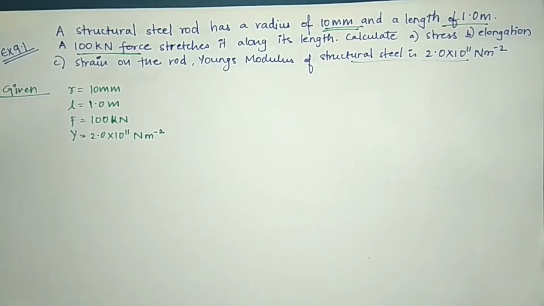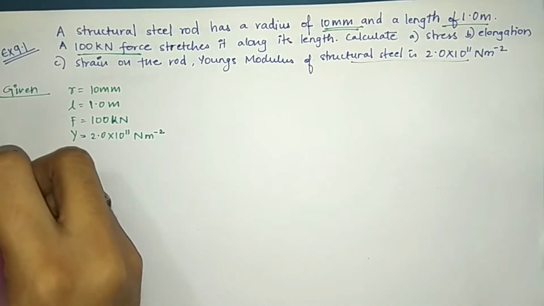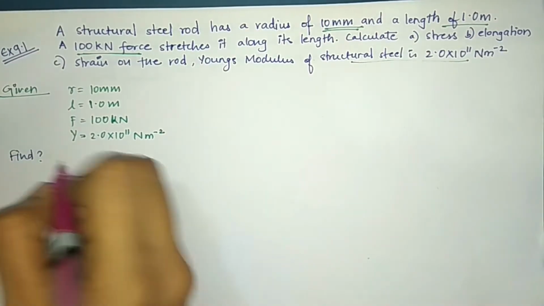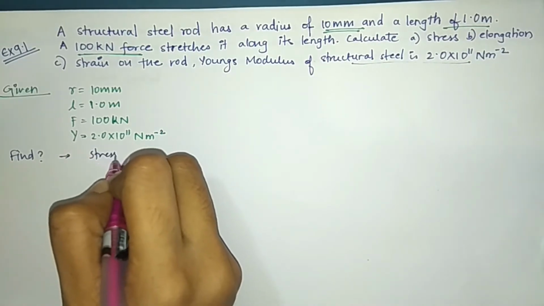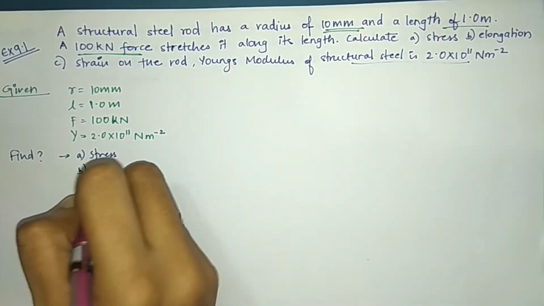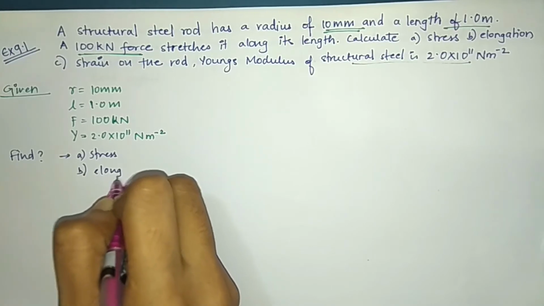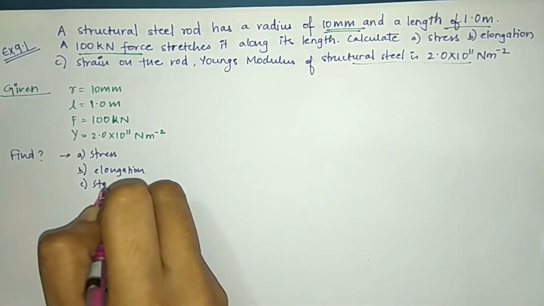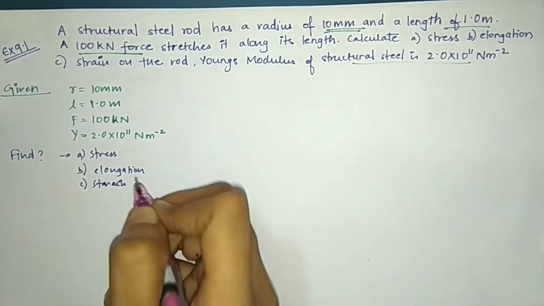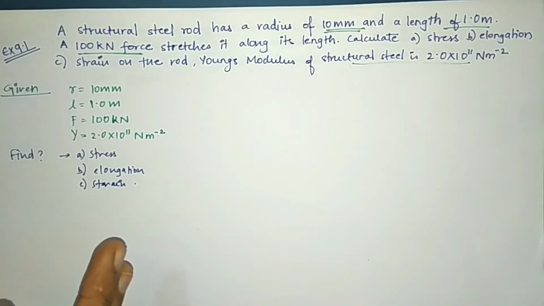Now, what we have to find through this problem: first is stress, B part is elongation, and C is strain. You will get a clear idea of how to proceed if you have these quantities in front of you.